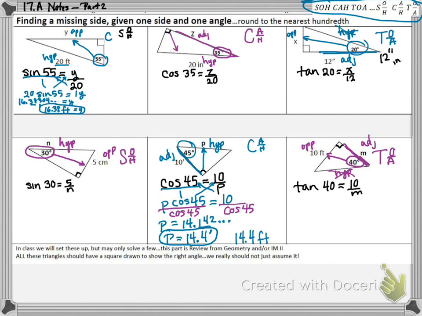Okay, let me do another one from this bottom section. Let's do a tangent one, because I haven't done a tangent yet. Again, I'm trying to get the letter by itself. I'm going to put a 1 underneath here. I'm going to cross multiply so that I have m times tangent 40 equals 10.